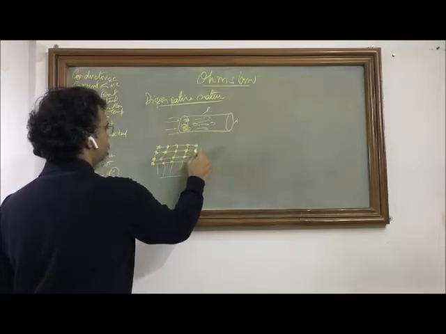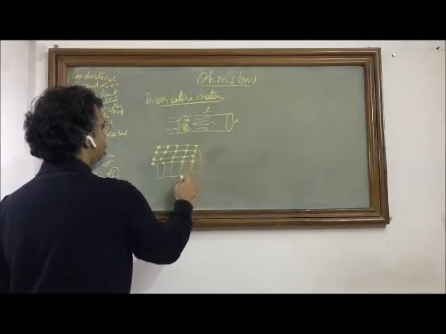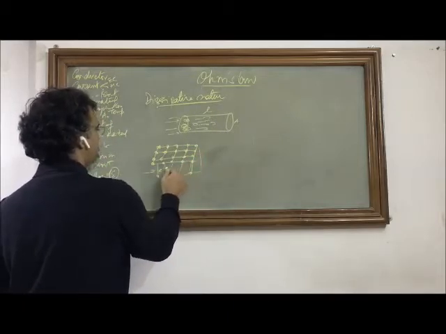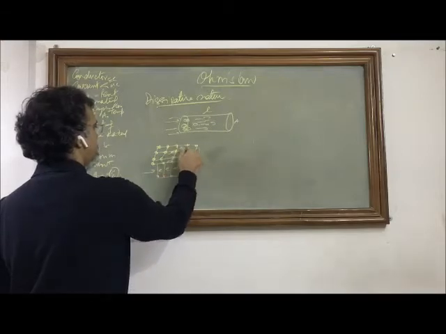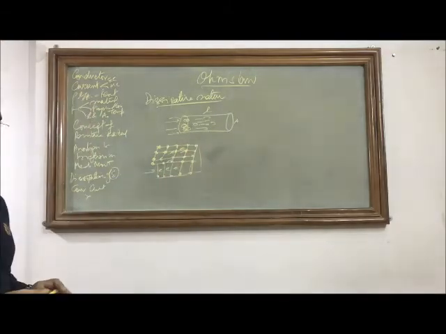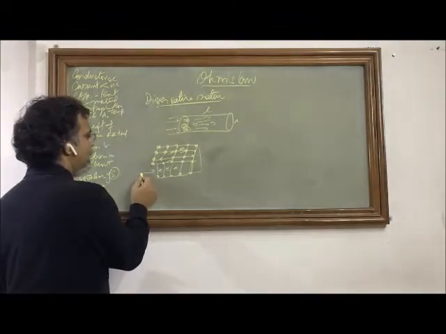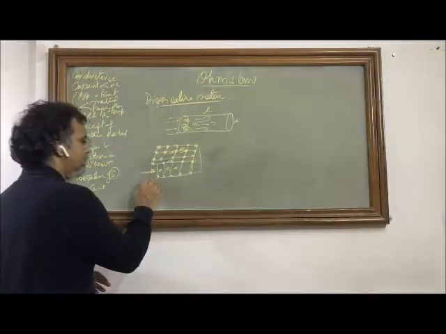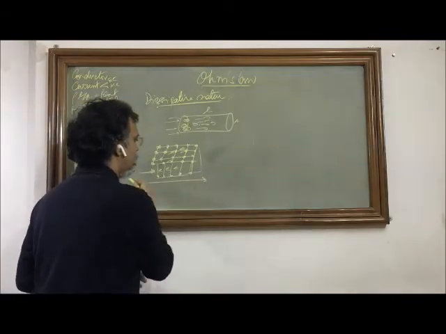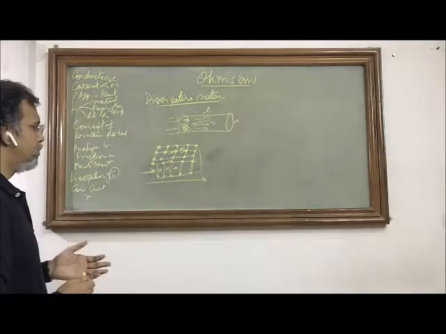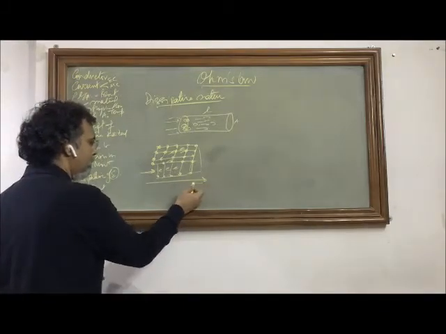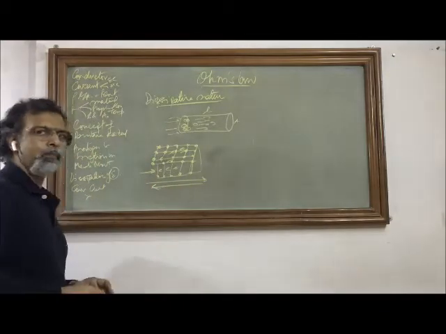The electrons are allowed to move in this mesh work of the metal crystal, and they move such that the net drift of the charge is from this place to this place. We assume this is the direction of the electrons, so the conventional current is in this direction.